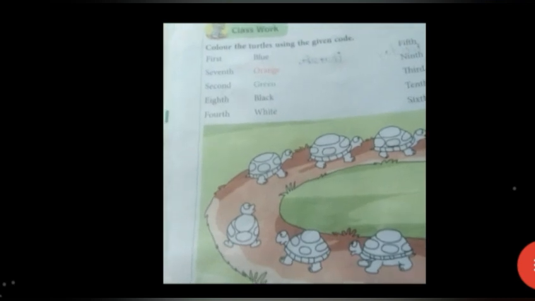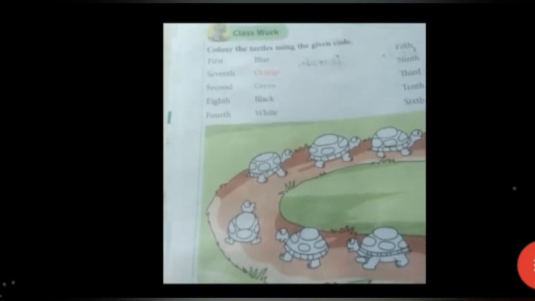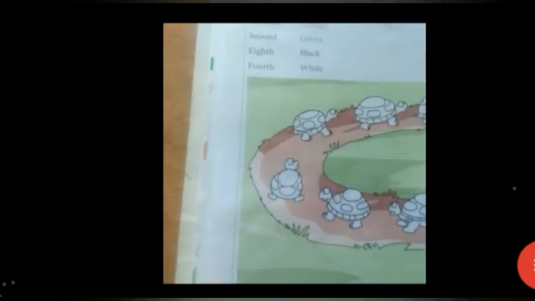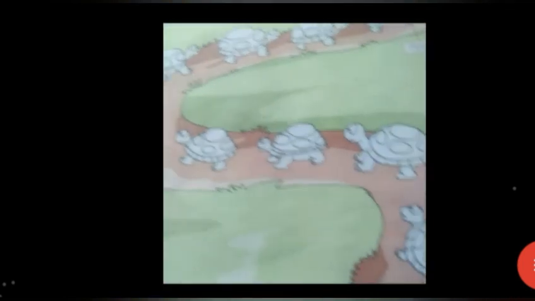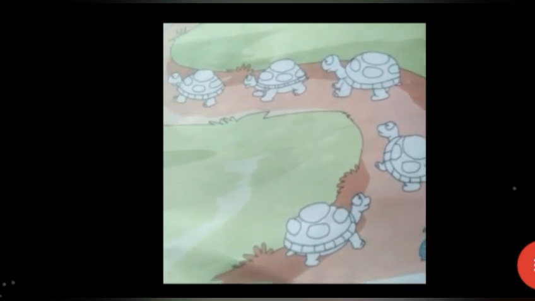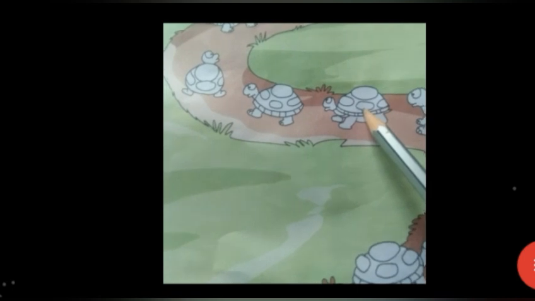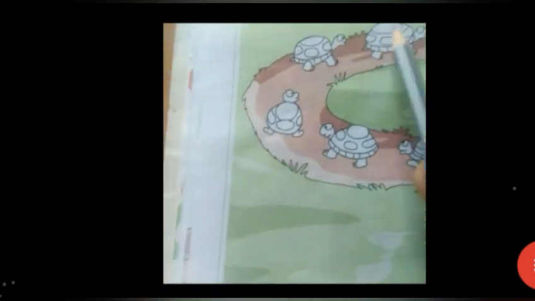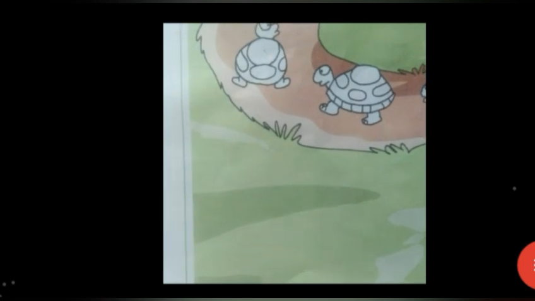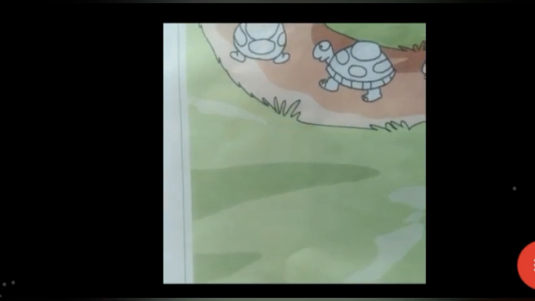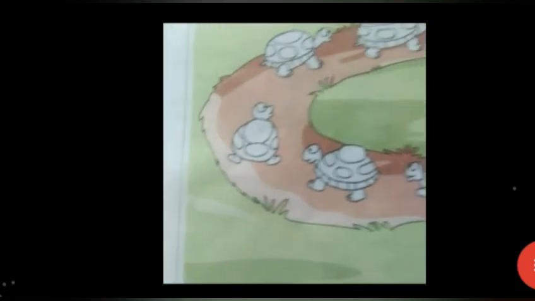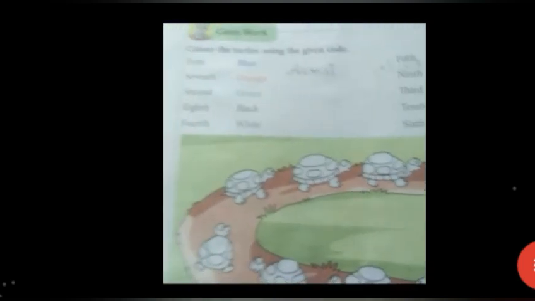Here, look in your textbook, children. After this Exercise 1B, on the next page, some tortoises are given. How many tortoises are there? 1, 2, 3, 4, 5, 6, 7, 8, 9, 10 tortoises are there. So here, who is the first one?